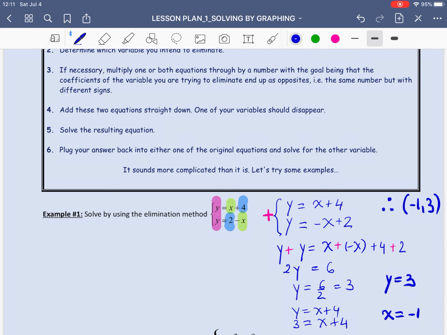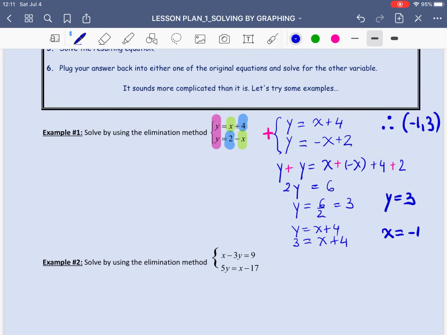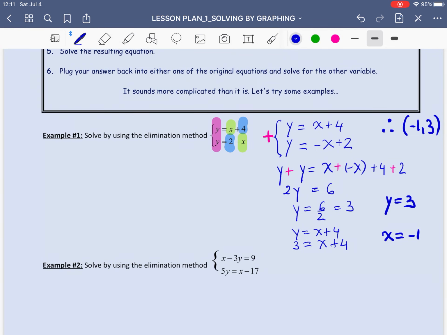and y positive 3. Okay, now you're probably wondering what would have happened if I chose to eliminate the variable y instead, not the variable x that we eliminated in this case.